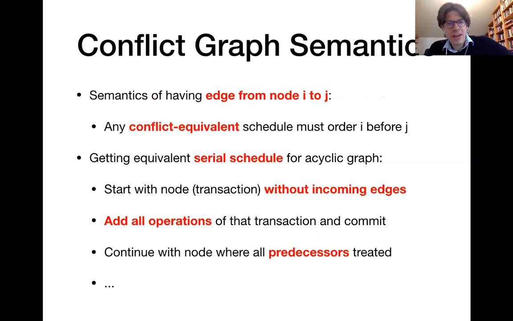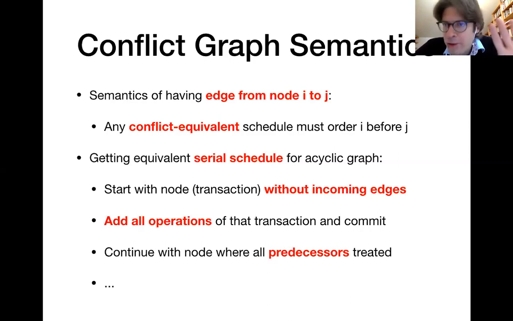All right. So perhaps to illustrate that point a little bit more, why is it that we are looking for cycles? If you have an edge from some node I to a node J representing 2 different transactions, that essentially means that any conflict equivalent serial schedule must order transaction I before transaction J in order to avoid swapping the order of those conflicting operations.